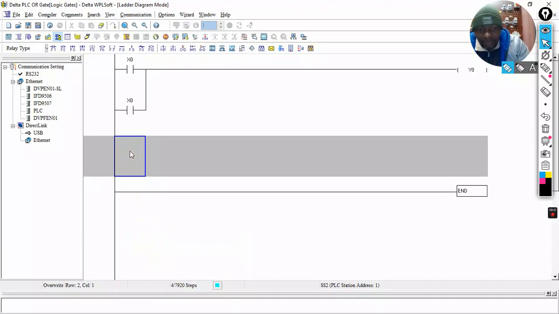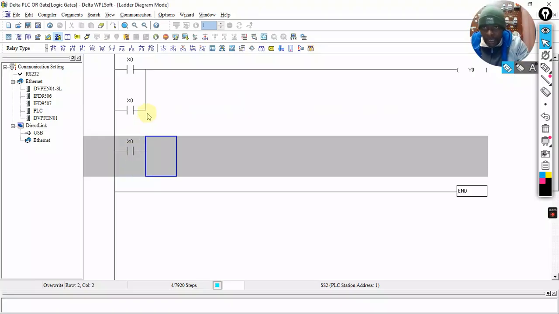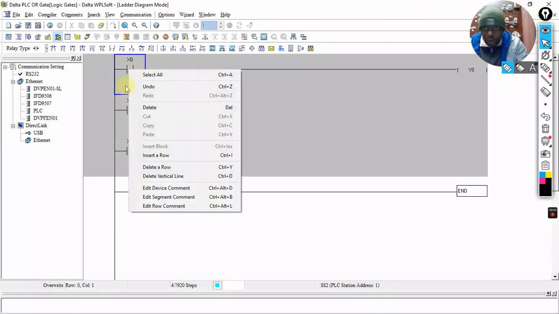Let's say we have another x0, and it is still an OR. This is a three input OR gate, but it has one common input. So it's like the inputs are wired together, because whatever state the one is, the other ones will be too.